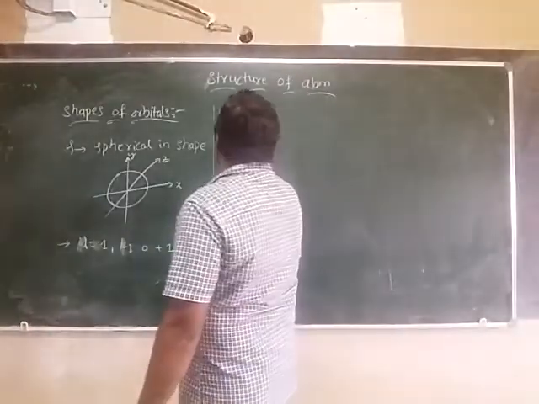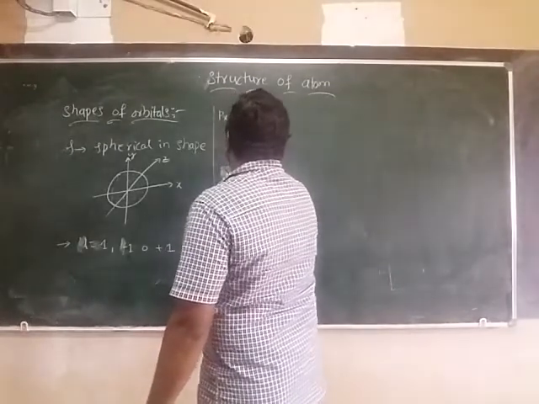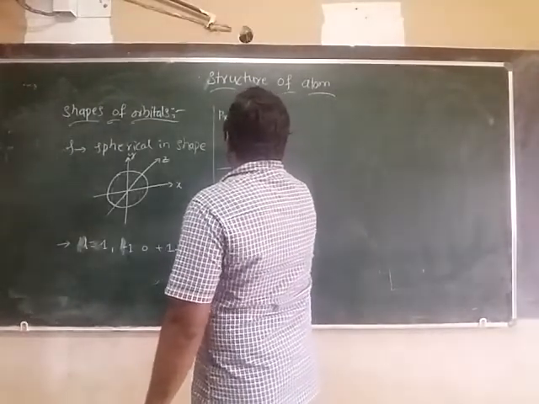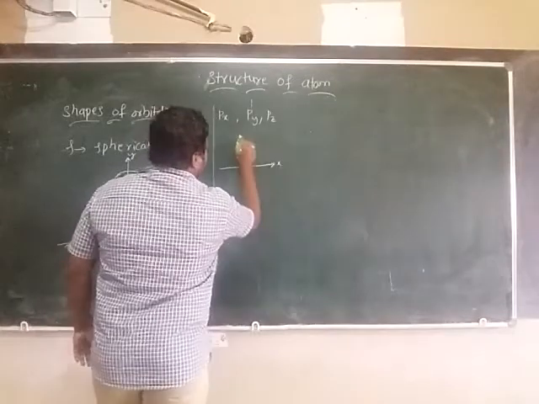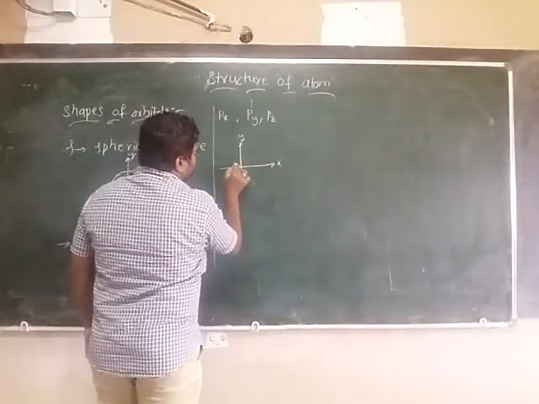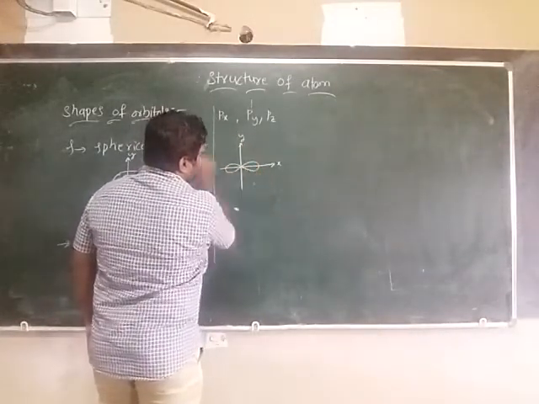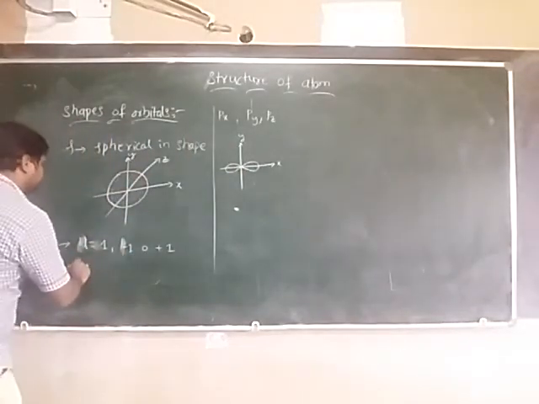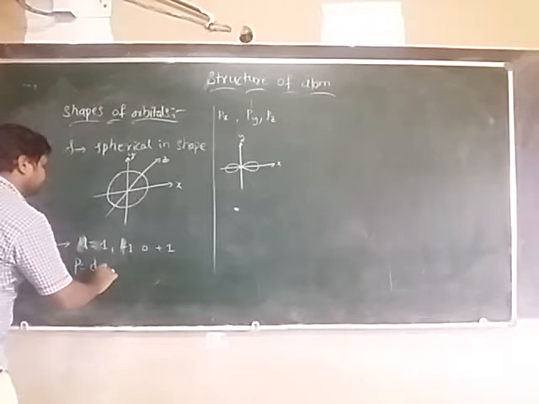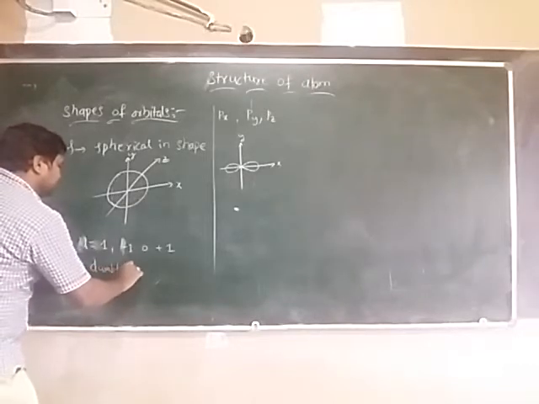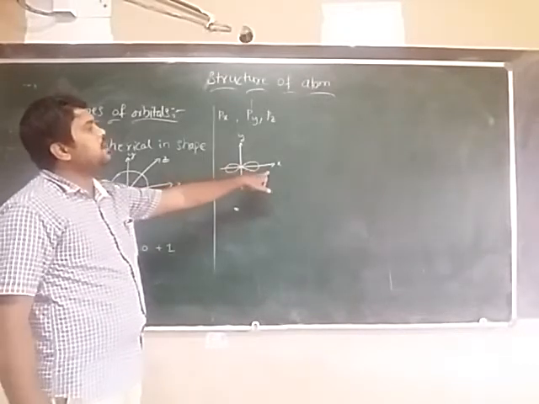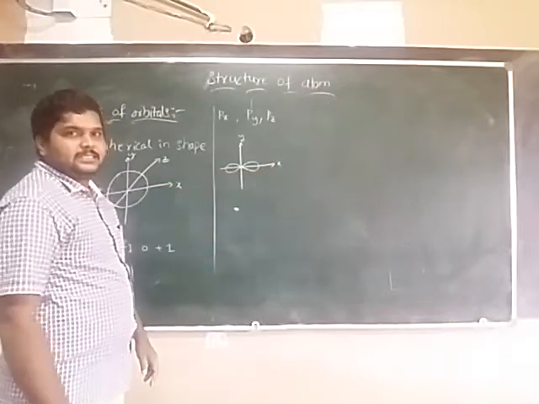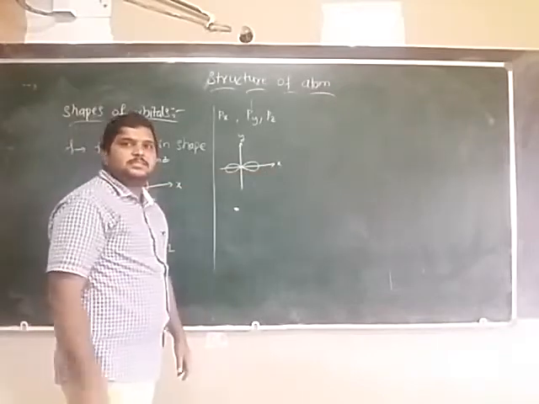So Px. If you take this as the x-axis, this is the y-axis. So there are 2 lobes along the x-axis. The shape of the p orbital is actually a dumbbell shape. 2 lobes are present along the x-axis. That is the px. So nodal planes, how many for this? 1.